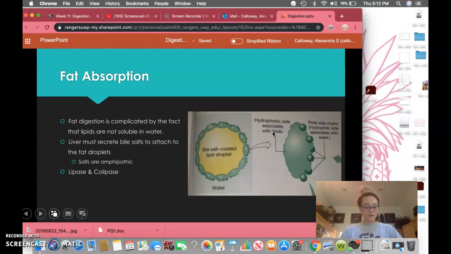And what lipase does is it removes two fatty acids from each triglyceride molecule, which results in one monoglyceride and two fatty acids. And then for that to happen, the lipase has to travel through to the lipid droplet, but it's unable to because of the emulsion process of the salts around it. So then colipase has to be released so that it can kind of dissociate a couple of those bile salts, and so that the lipase can enter the actual lipid droplet.